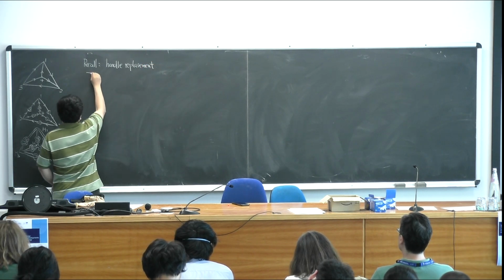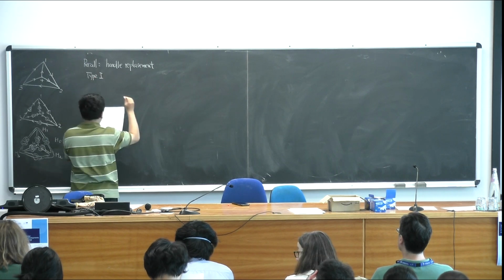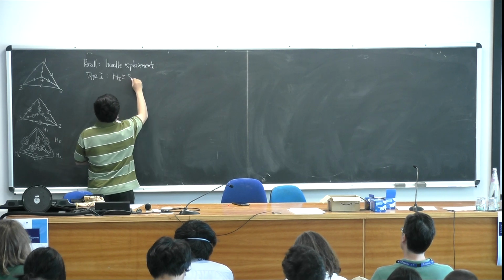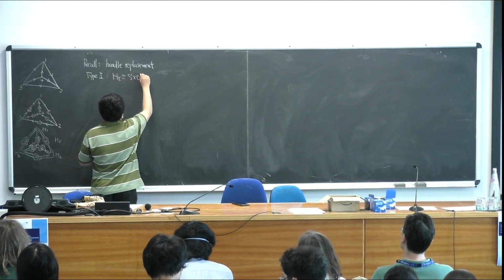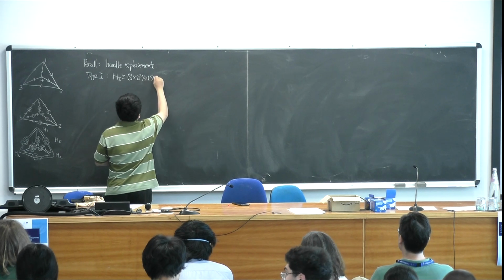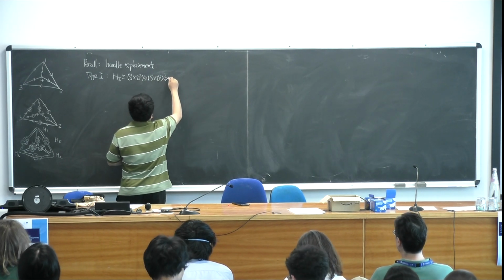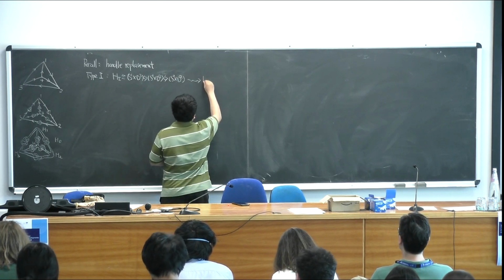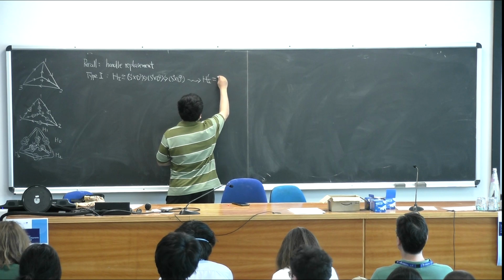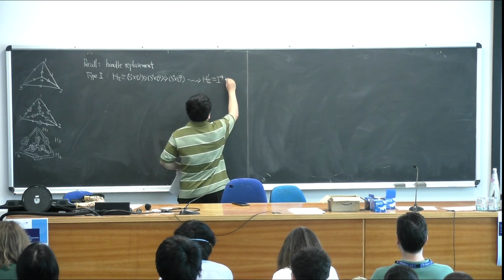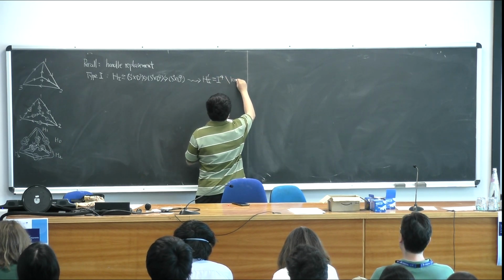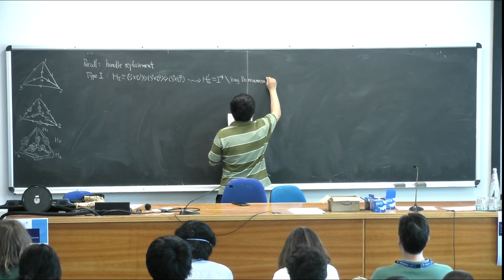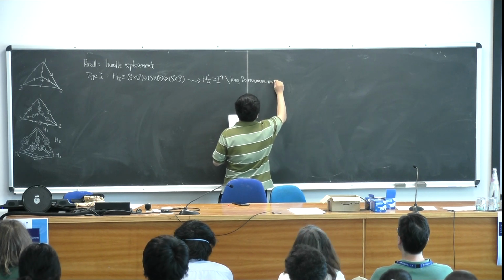So basically there are two types. Type 1, we replace this type 1 handle body into a different type 1 handle body, which is the complement of the long Borromean ring.